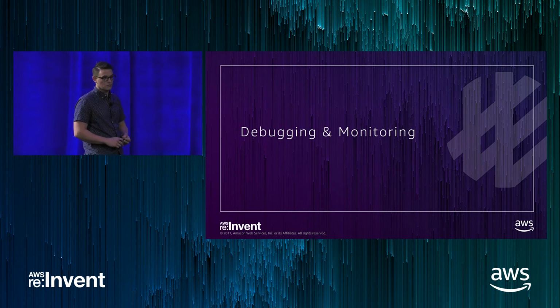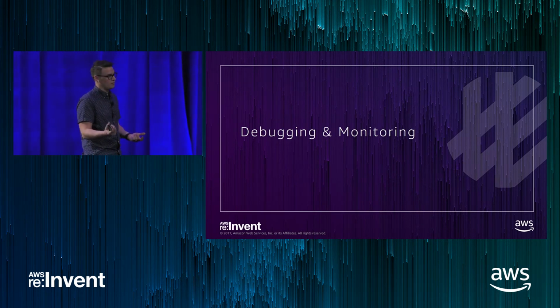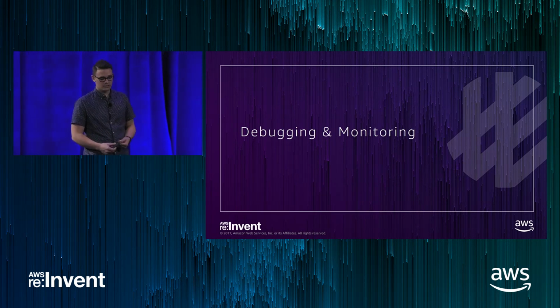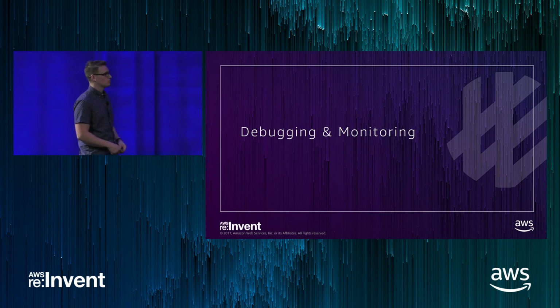But there's a number of really good tools out there for this. Things like Datadog to do management or visualization of your container workloads. A wealth of tools out there, Instana.